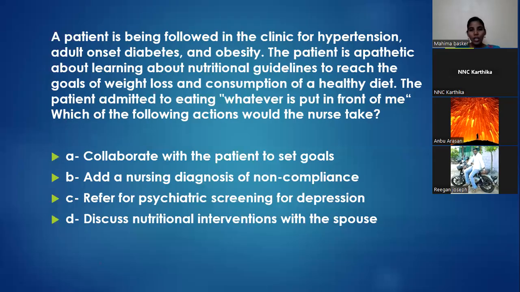Which of the following actions would the nurse take? Because he is not interested in the nutritional guidelines, whatever is put in front of the patient, he will eat. So what will be the nursing action they are asking? Collaborate with the patient to set goals, add a nursing diagnosis of non-compliance, refer for psychiatric screening for depression, or discuss nutritional intervention with the spouse. As the nurse, what is the best one?